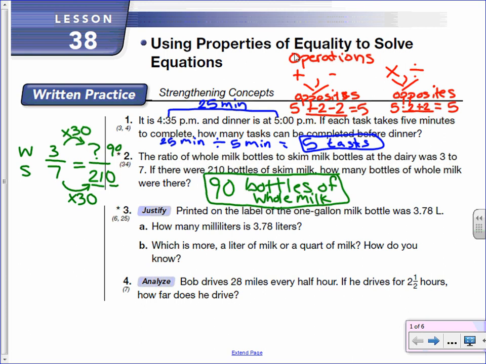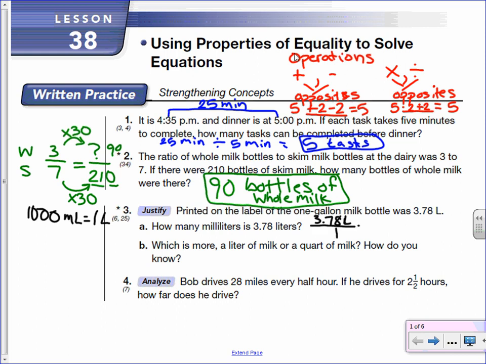Printed on the label of a 1-gallon milk bottle was 3.78 liters. How many milliliters is 3.78 liters? Well, one thing that you need to know is that there are 1,000 milliliters in 1 liter. So then we can say, all right, I have 3.78 liters.